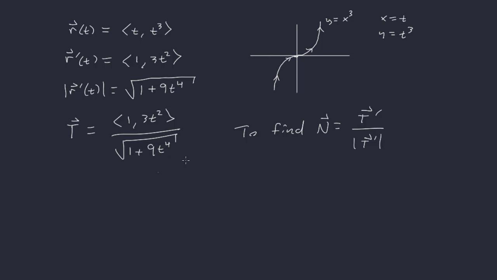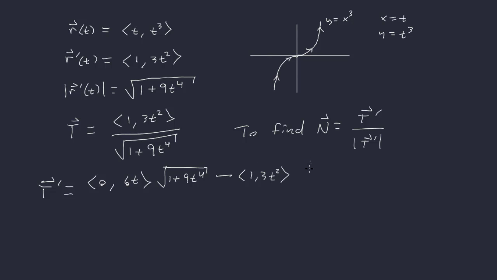That means using the quotient rule, which I'm glad actually came up, because the quotient rule still works the same way even when we have vectors. All right, what do I mean by that? Well, it's going to be the derivative of the top. So the derivative of the top will be 0 comma 6t, okay, times the bottom left alone, minus the top left alone, times the derivative of the bottom.